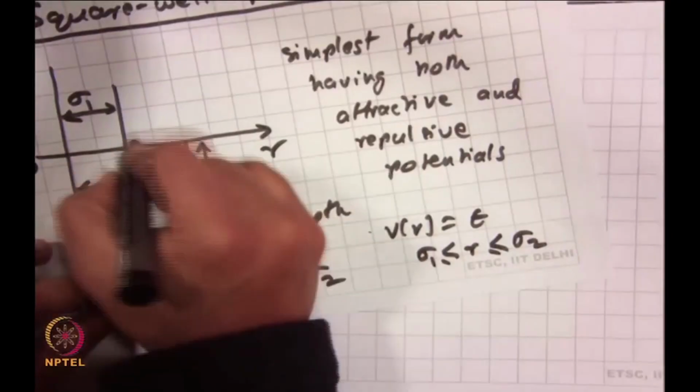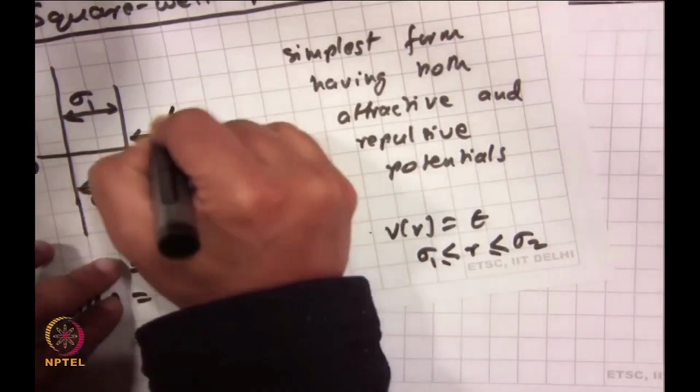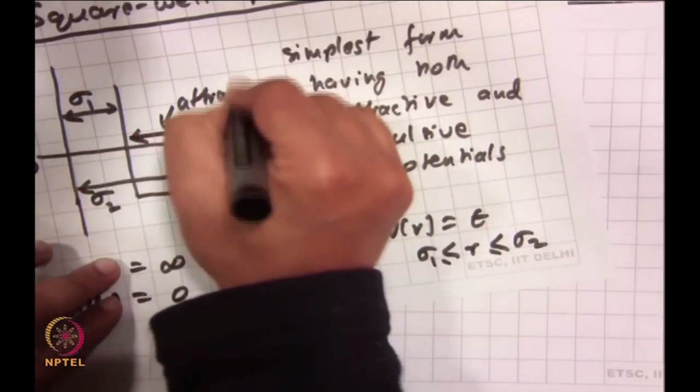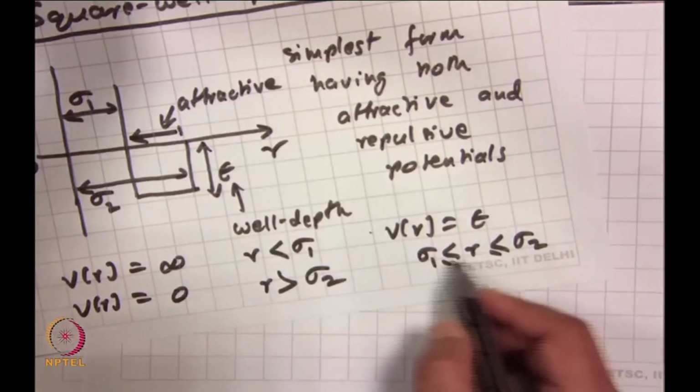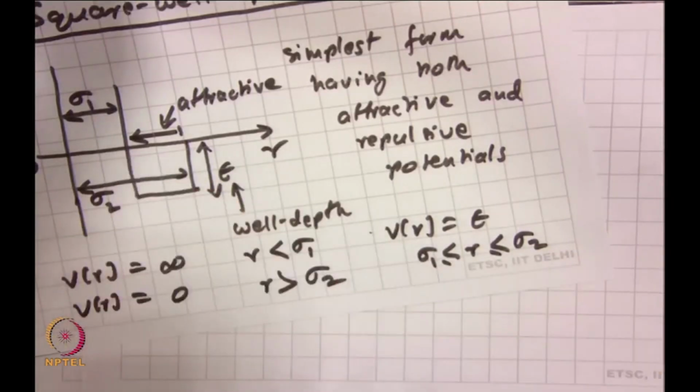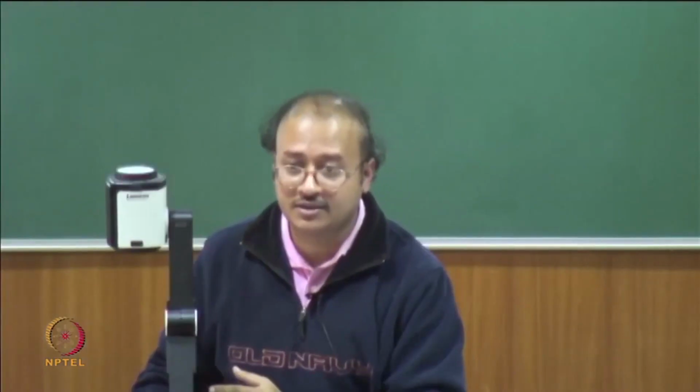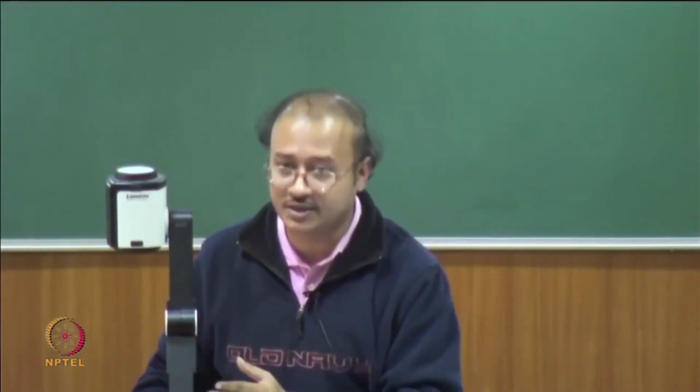It is only this part where it is attractive. Okay. So that is why it says it is greater than sigma 1, but less than sigma 2, essentially sigma 2 minus sigma 1. Okay. So this is one form again, but as I said it is not that realistic, it is a simplistic form, but it is not realistic at all.